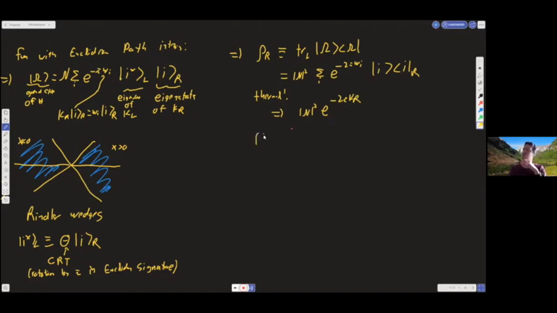So I should really say it's thermal with respect to K_R. And that's kind of an amazing thing. It says that for any relativistic quantum field theory, no matter how fancy, if you split it into parts and look at the reduced state on half of it, you just get a thermal state with respect to half of the boost operator.